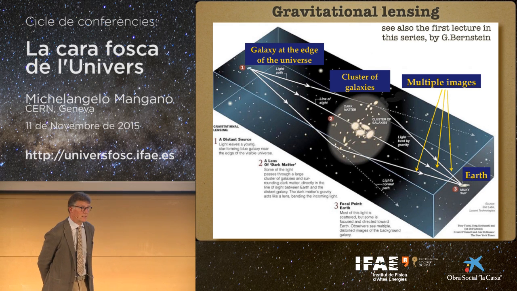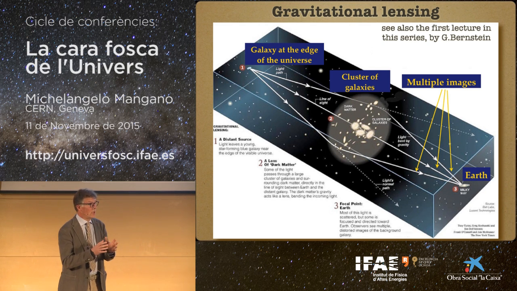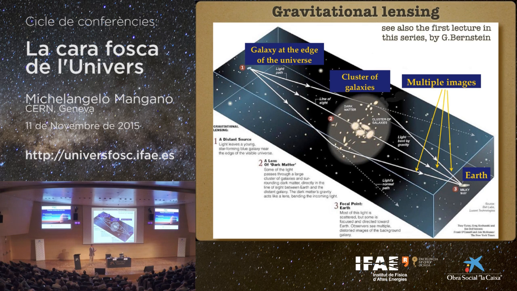The idea is that mass can curve light in the same way that a lens would do. The lens curves light if light goes across the lens, across the crystal, while gravity acts at a distance. And if we have a beam of light going next to the sun, for example, it will be slightly tilted.